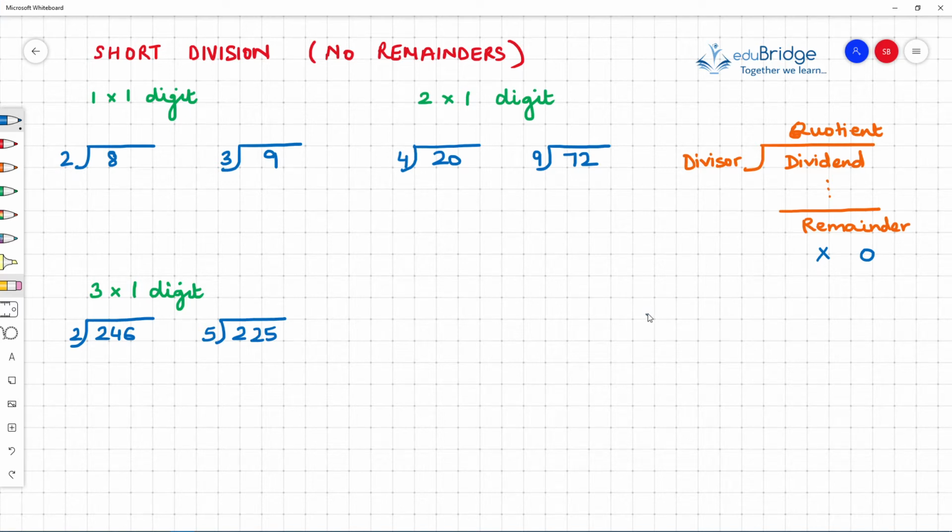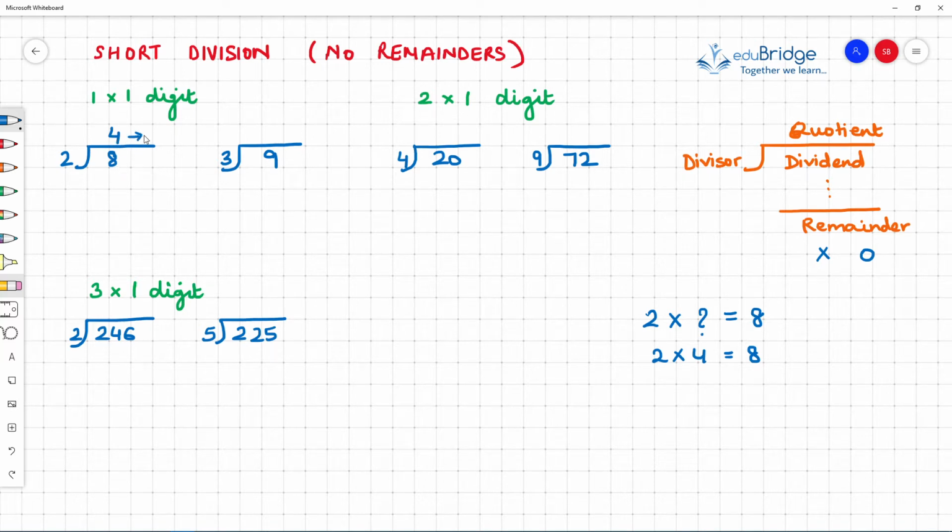So basically, if I have to multiply 2 by something, when will I get 8? Because division and multiplication are inverse of each other. So we know that 2 times 4 is 8. So if I write 4 here, this means 2 times 4 is 8.